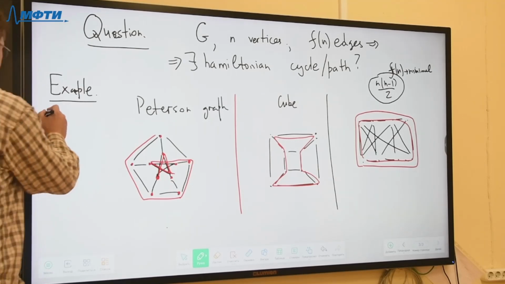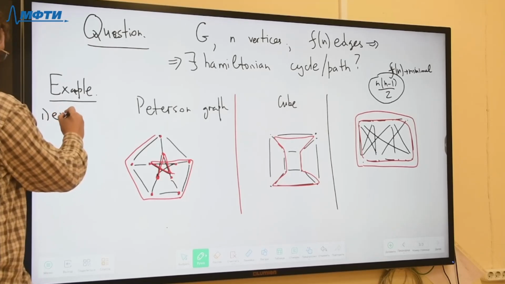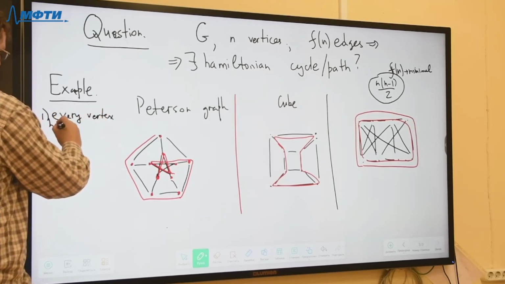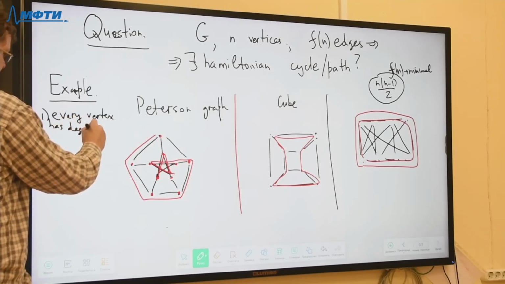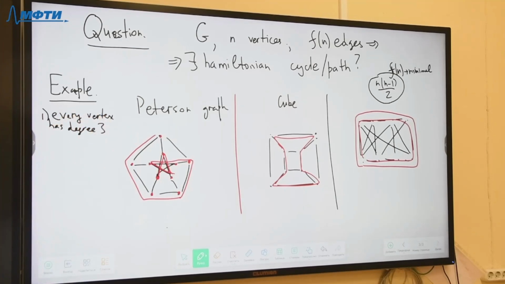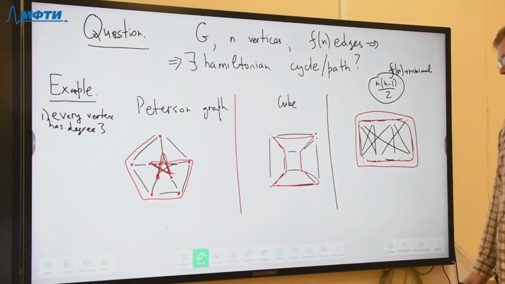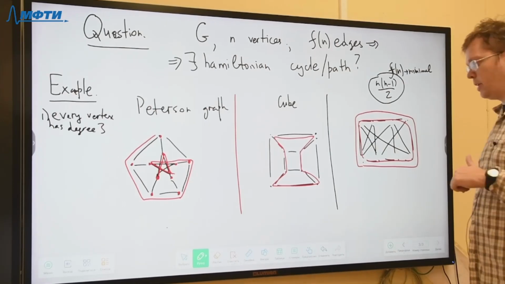First of all, every vertex has degree 3. Which means that if we assume that we have a Hamiltonian cycle, then we will use 10 edges and 5 edges will be left.